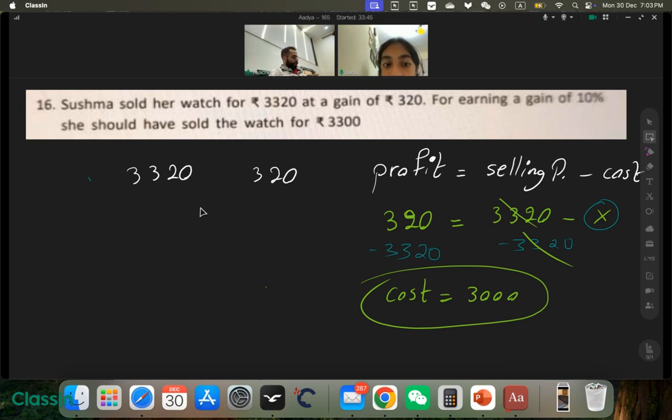So what should I do? What is the second question? Read the second question, please. For earning a gain of 10%, she should have sold the watch. So wait, for how much gain does she want? 10%. She should have sold the watch at 3,300.